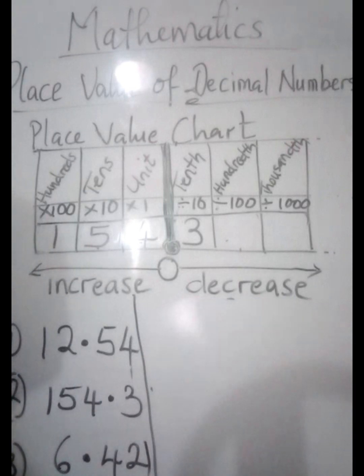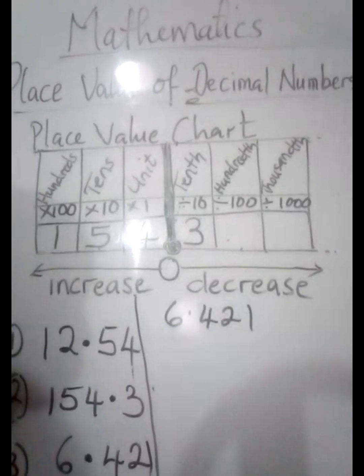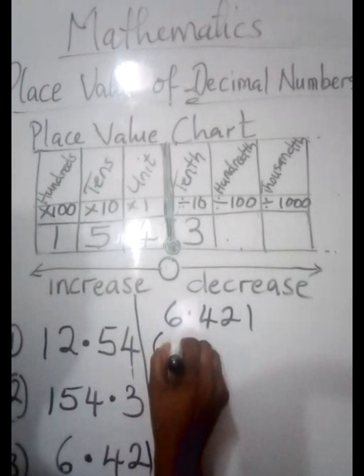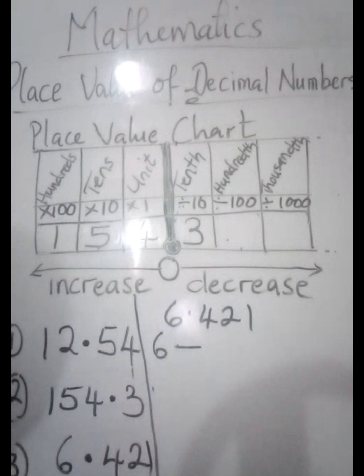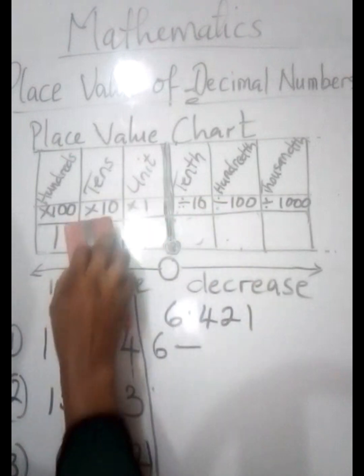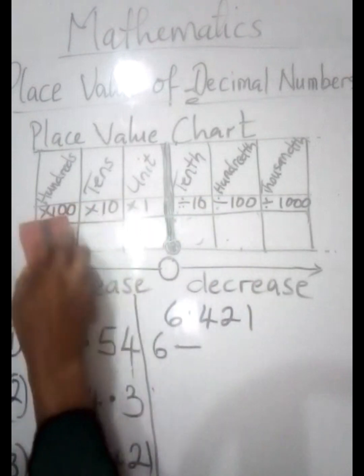That's the next number we are going to look at. So for the number 6, we need to look for the value. Let's get these numbers out of the way.